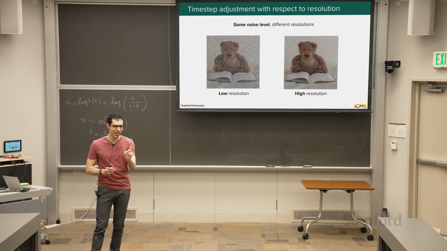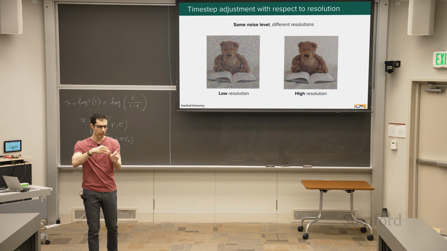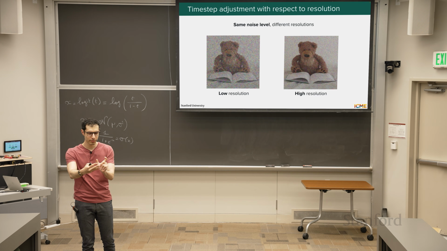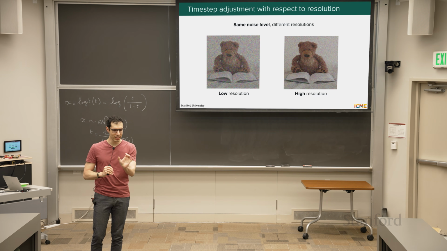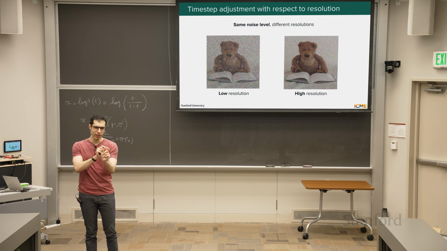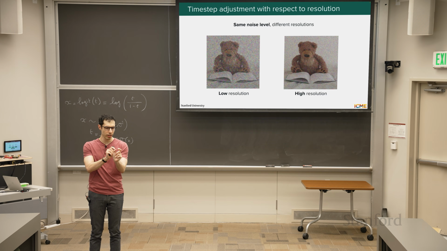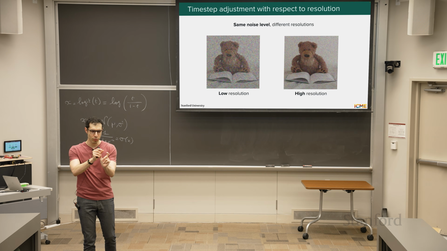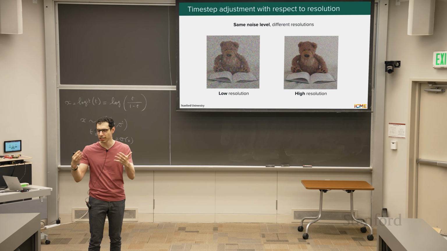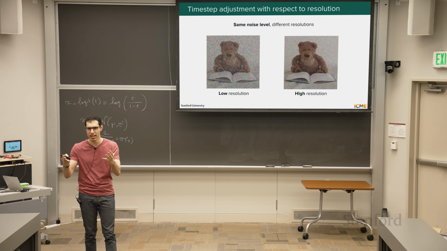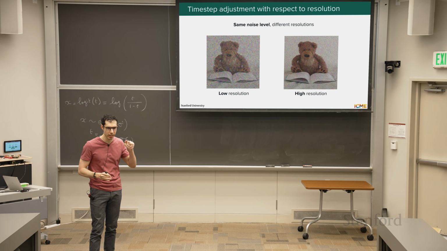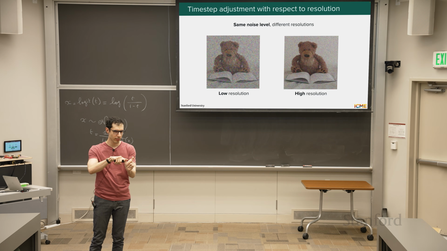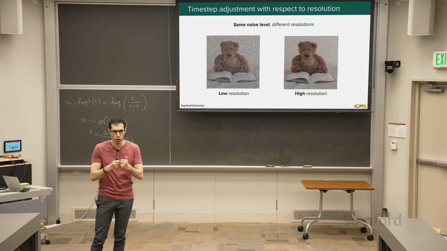Remember that when you add your noise, you're adding Gaussian noise with mean 0. So if you have very few pixels in low resolution, and the pixel that is responsible for, let's say, the color that characterizes how good your image looks at a particular angle gets noised, then you're losing that information.